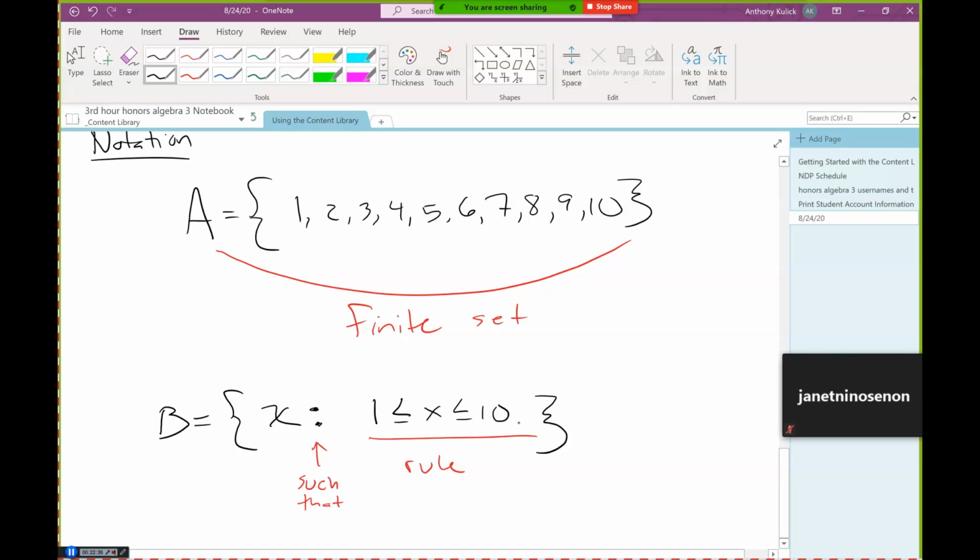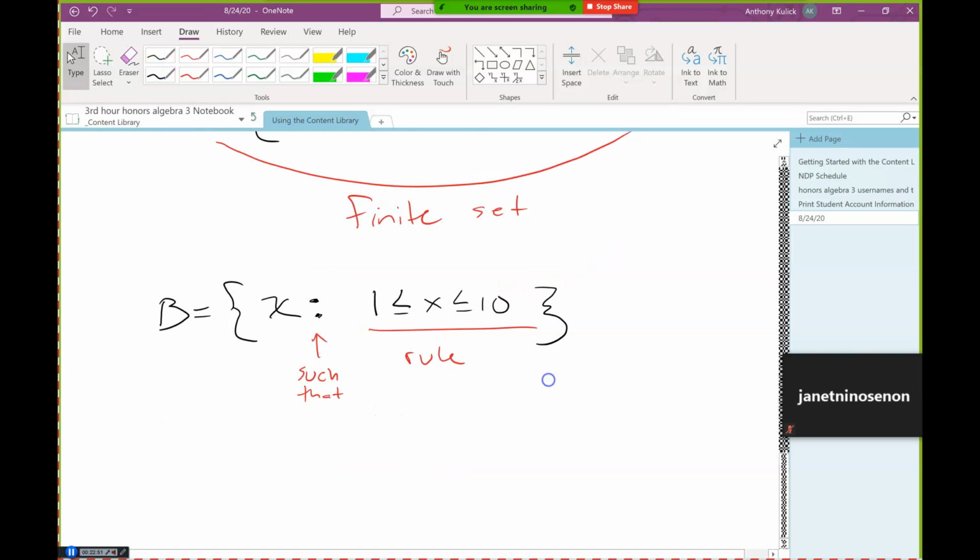This again will describe perfectly what's in this set without actually having to list out every single item, because there's no end to that list. Is everybody okay with that idea? Okay. What if we wanted to list, say, the set of even numbers? Is that list finite or infinite?